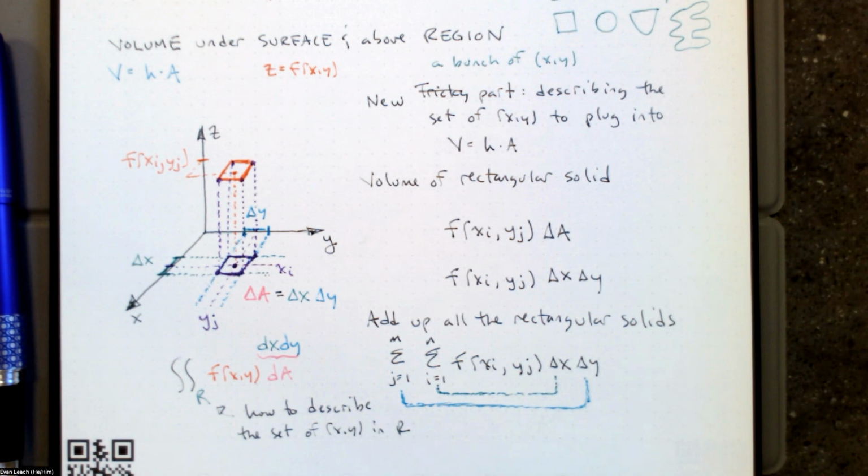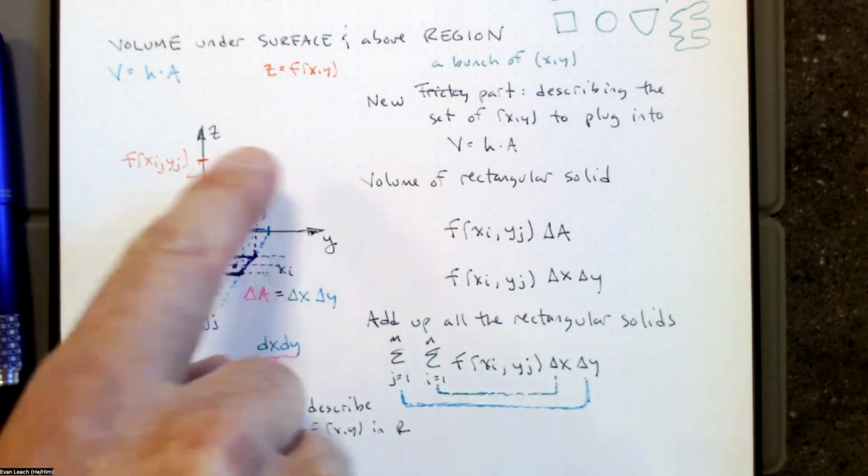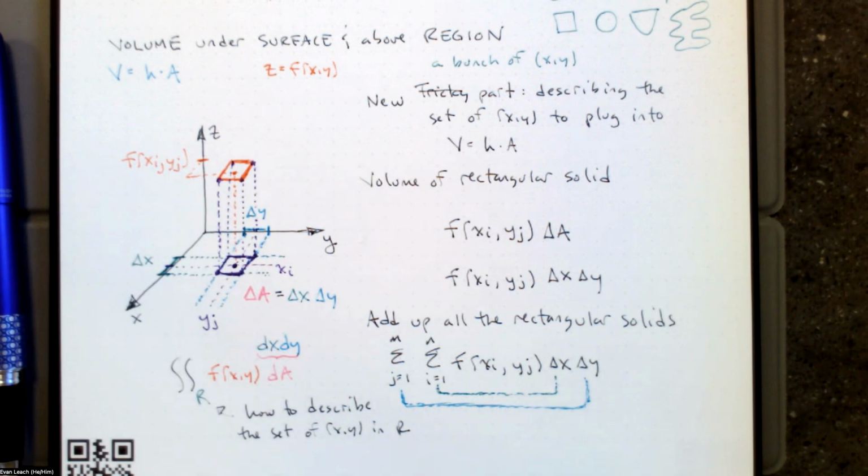So to this end, we're going to be less concerned about what's going on with the function and more concerned with what's going on down here on the xy plane. Our task is to describe the region with some x values and some y values. How are we going to describe the region?